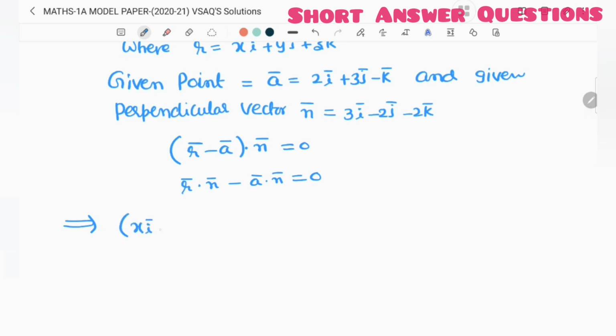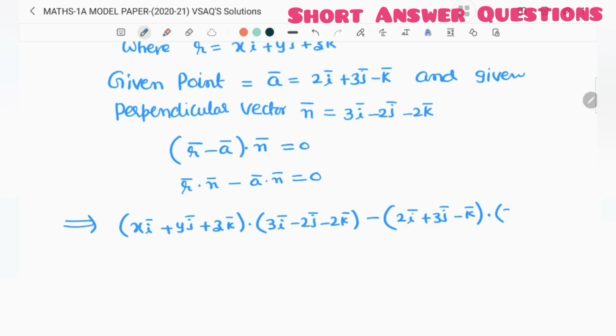xi plus yj plus zk dot 3i minus 2j minus 2k, minus 2i plus 3j minus k dot 3i minus 2j minus 2k, equal to 0.